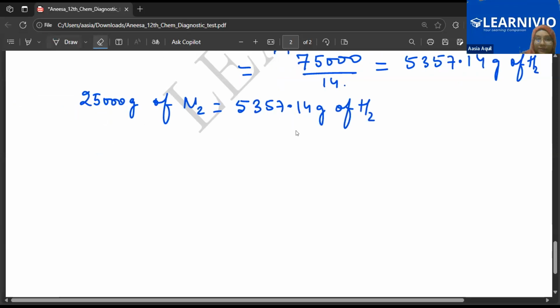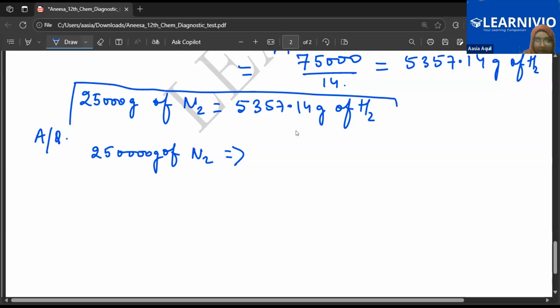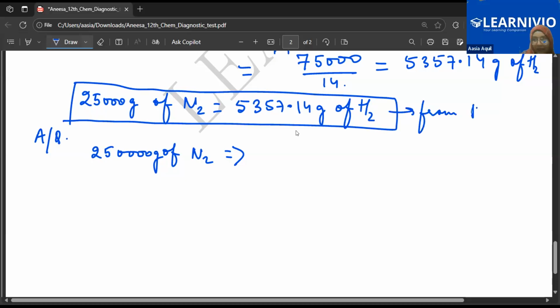Clear till here? Any doubt? No, ma'am. So according to the question, 25,000 gram of nitrogen is equal to... this is according to the question, and this is from the balanced chemical equation.